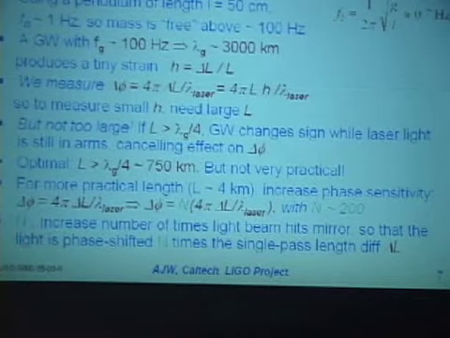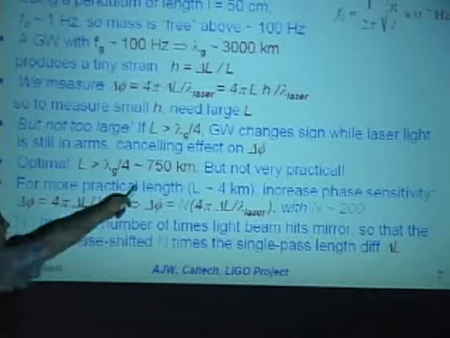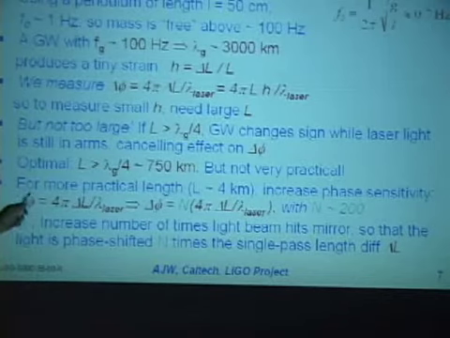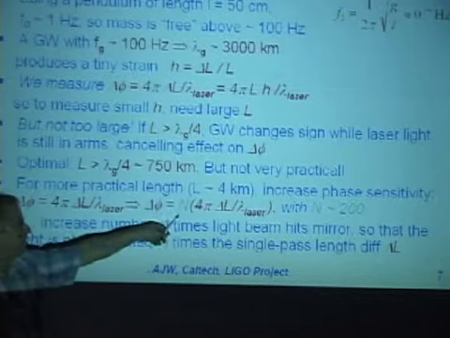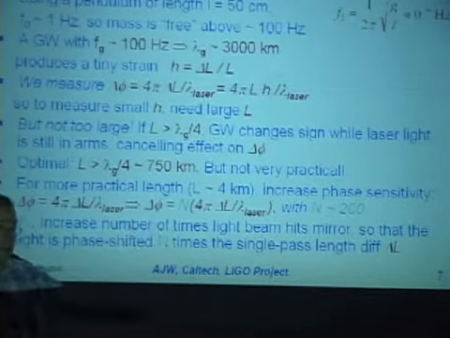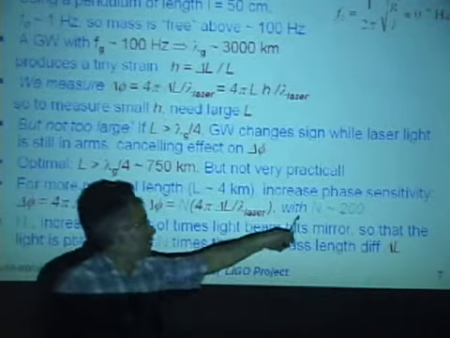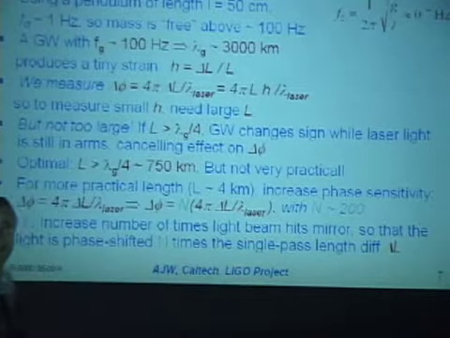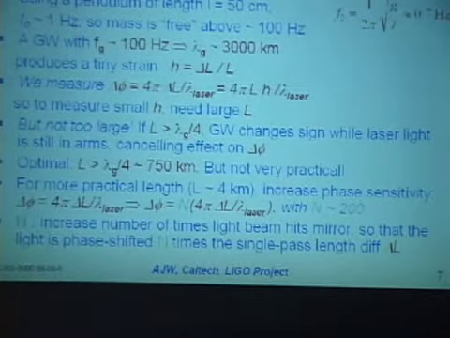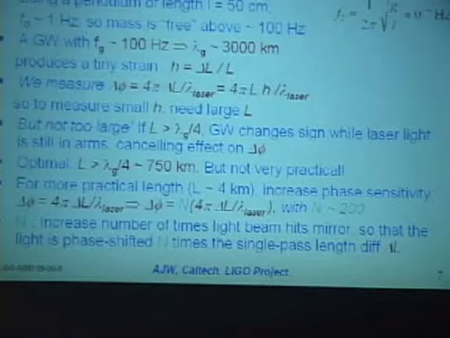That's not very practical, building an Earth-based interferometer of that kind of length. And so, for a more practical length, we increase the phase sensitivity by increasing the number of bounces, the number of round trips of the light, by using Fabry-Perot cavities, or you could use delay lines. But a delay line, I don't think anyone's ever built a long delay line of laser light with more than 6 or 8 bounces. In that case, the bounces are well-defined: there's a well-defined travel time and number of bounces.